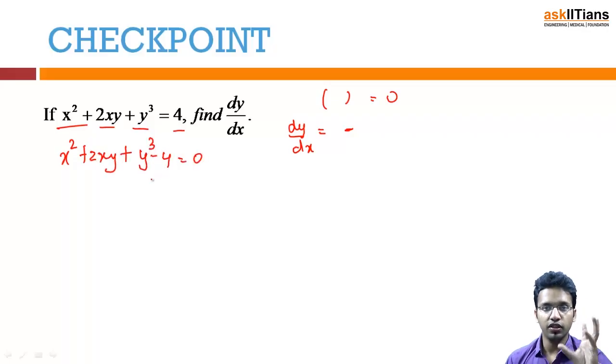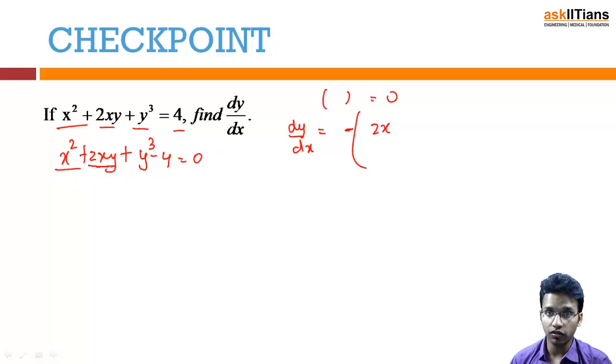Now once you differentiate with respect to x, you have to assume y is a constant. That is the trick. In the numerator you say y is a constant. So this is 2x, y is constant, remember, so 2y, plus y cube is 0 because we are treating it as a constant. 4 is again 0.